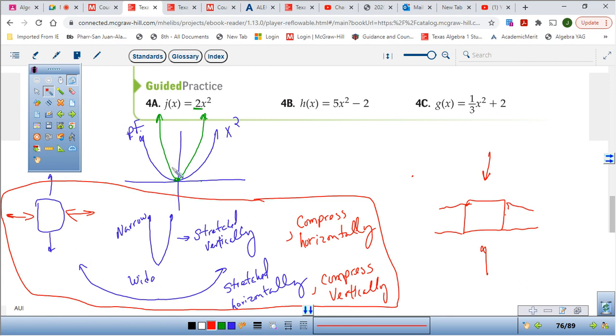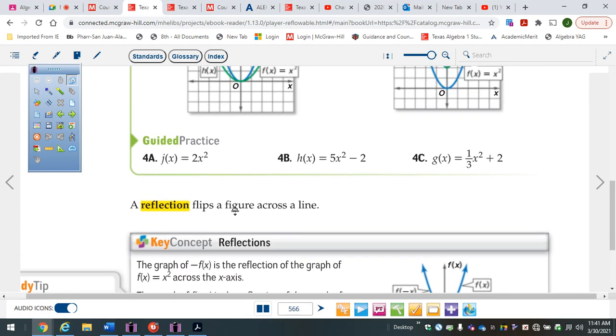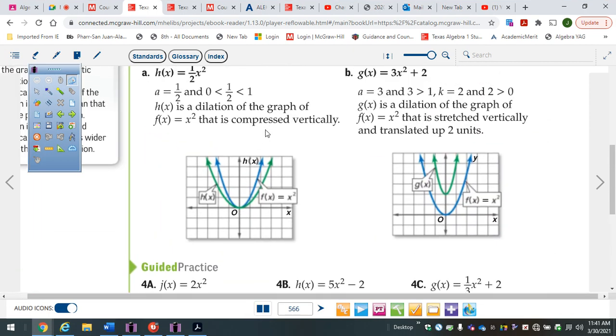Okay, so let me erase all this stuff. Let's look at this real quick. So again, let me draw the parent function. Ooh, guys, we didn't even write the words. So let's see the words that they wrote over here. Compressed vertically. You got it? They squashed it, went wider here.